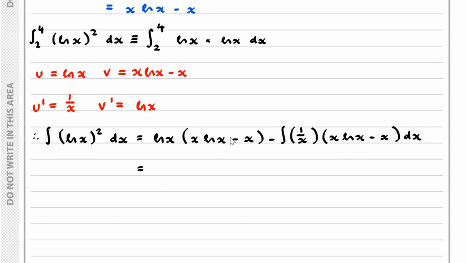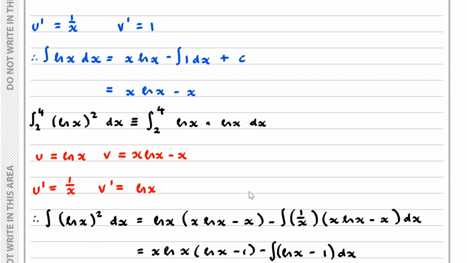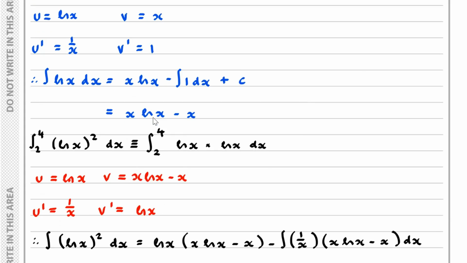So, taking out an x as a common factor, we've got x times natural log of x multiplied by natural log of x minus 1 minus the integral of natural log of x minus 1 dx.